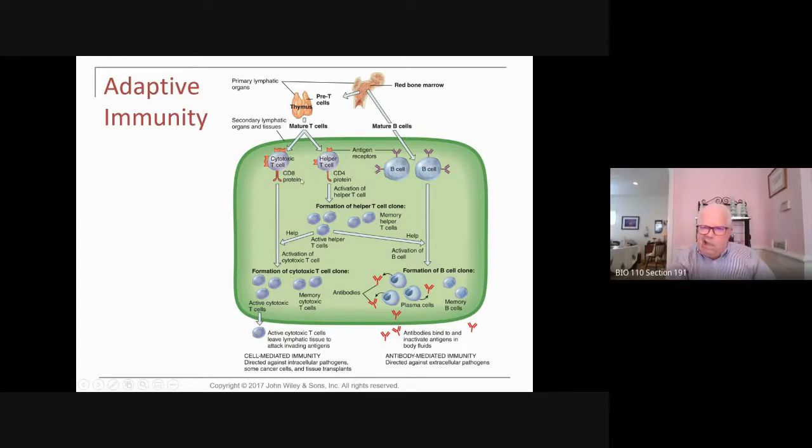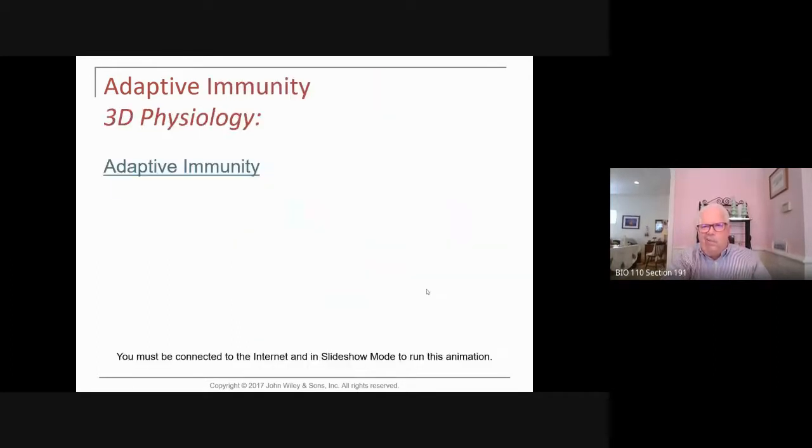So the T side kills things directly, and the B side produces antibodies that will kill things. Any cell that produces an antibody is known as a B cell. Specifically, they're known as plasma cells. All right? So that's the skinny on cell-mediated and antibody-mediated immunity.